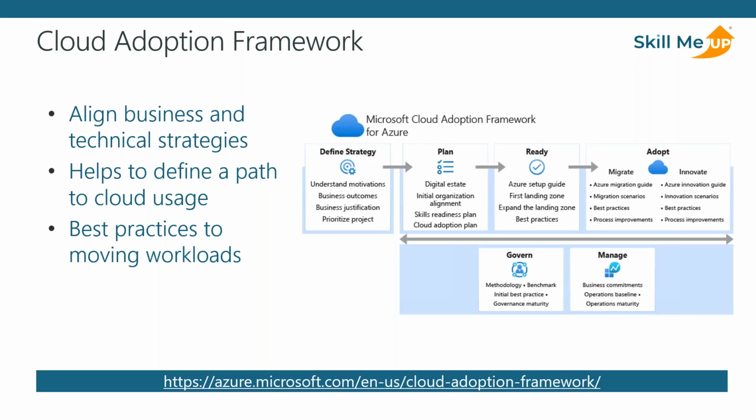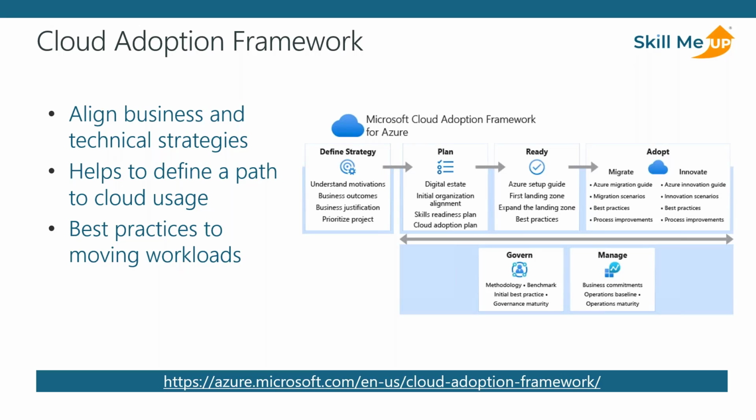And it has a lot to do with what I was saying on the previous slide in defining what our outcomes are, doing that planning, what is our path, what is available and ready to go into the cloud, and then how are we going to adopt our cloud services, and what is our strategy for adopting those services.